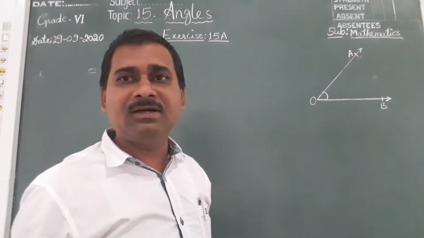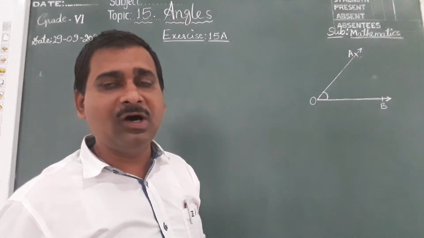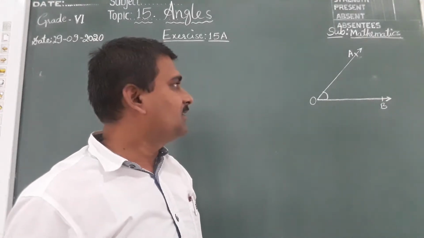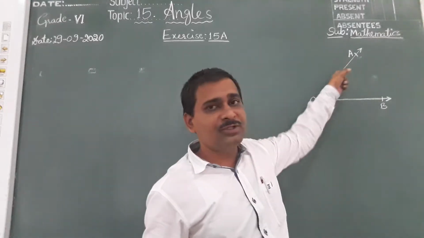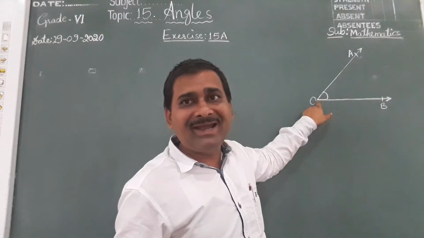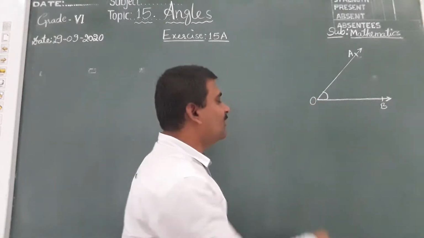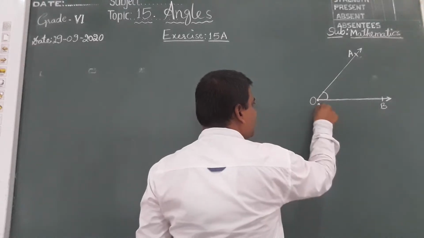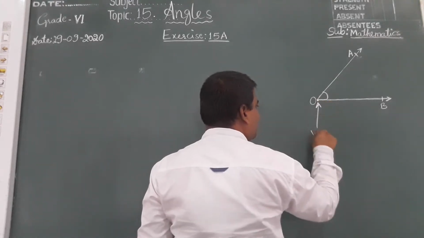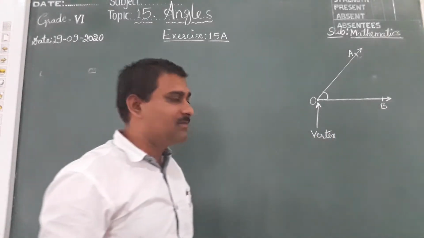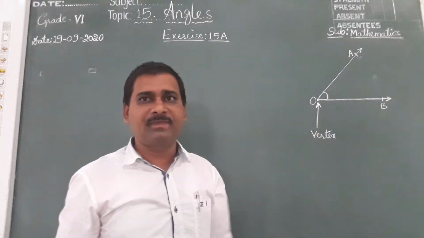They are called arms or sides, right? And where those two arms meet, that meeting point is called the vertex.